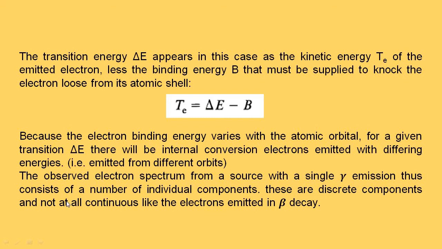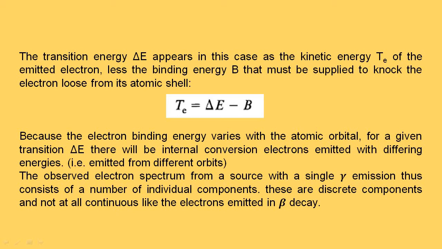The observed electron spectrum from a source with a single gamma emission thus consists of a number of individual components. These are discrete components and not at all continuous like the electrons emitted in beta decay.